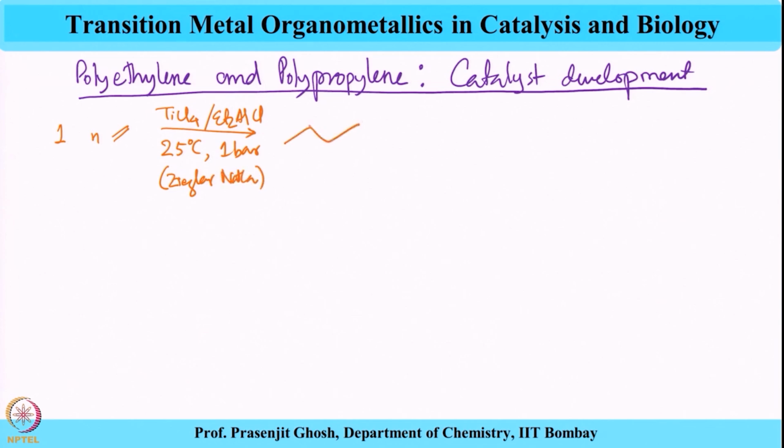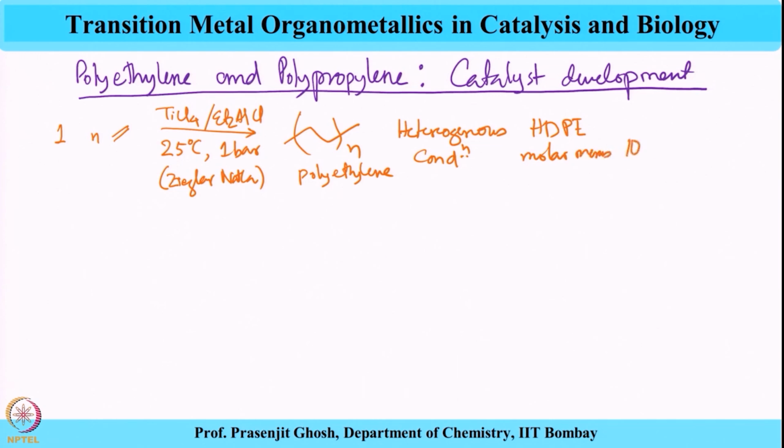It gives polyethylene, and this is under heterogeneous conditions. It produces HDPE of molar masses 10 to the power 4 to 10 to the power 5 Dalton.